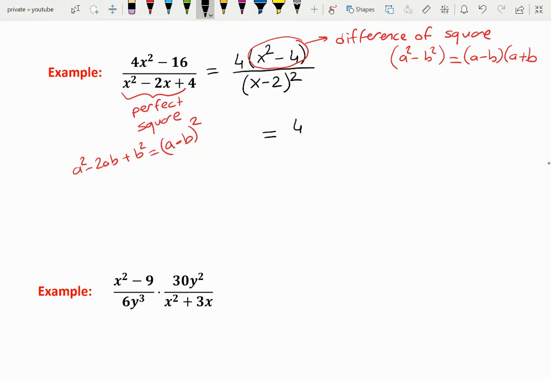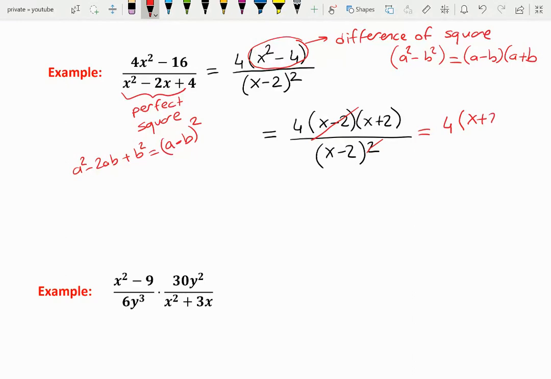I will write 4 times x minus 2 times x plus 2 on the numerator, and I have x minus 2 squared in the denominator. This square and this one will cancel each other, so I will be left with 4 times x plus 2 on top, and in the denominator I have x minus 2.